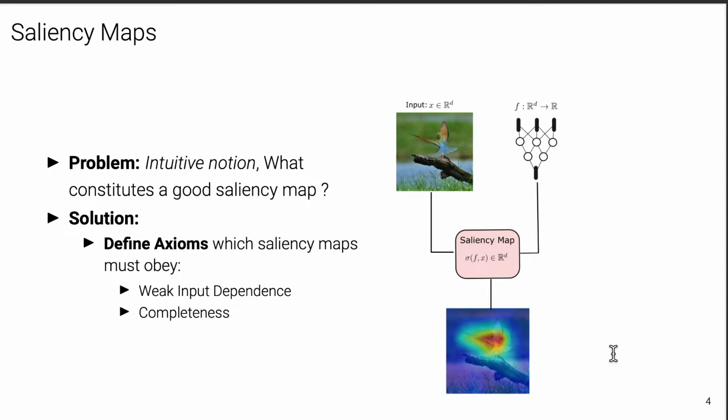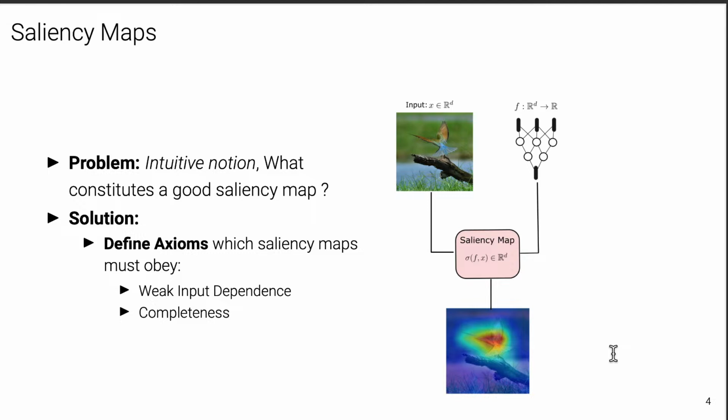But as humans, we only have an intuitive notion of what it means to be salient. We don't have a good way to formalize this notion. What we would like to do is learn a function which takes as input this input, our network and its decision, and is able to say that for this input and this network, what is salient in making a decision will be these pixels.